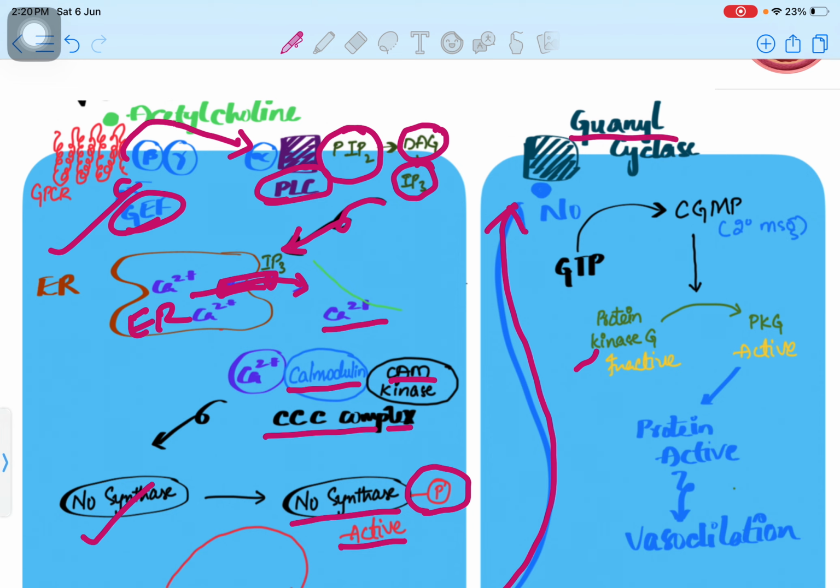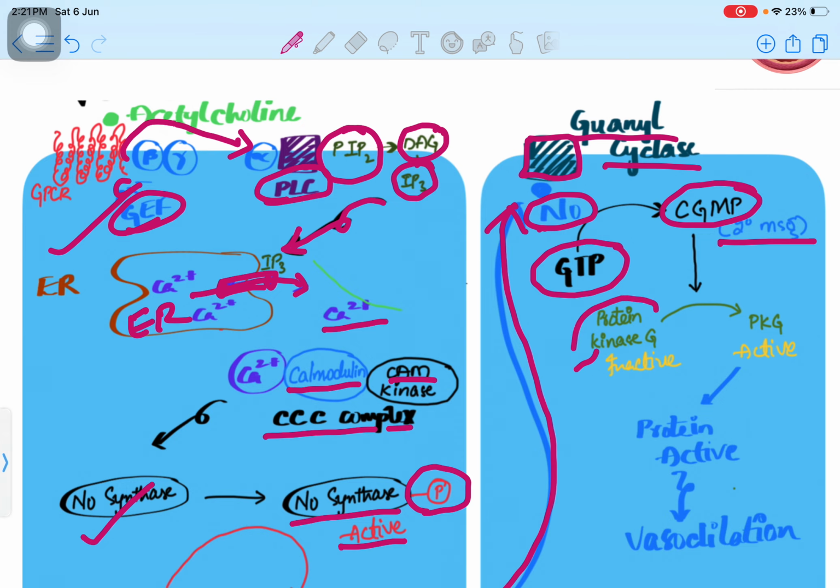Now we come to the tunica media, where guanylyl cyclase is present on the plasma membrane. The nitric oxide will come and attach here, and it will form cGMP. As we know, cGMP is our secondary messenger, and it is formed with the help of GTP.